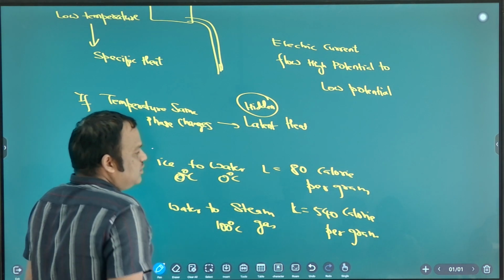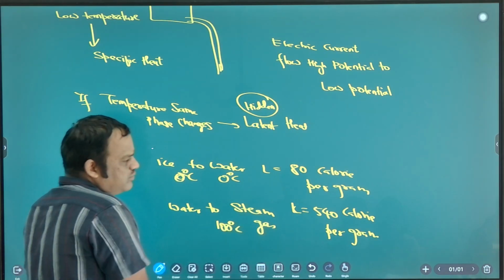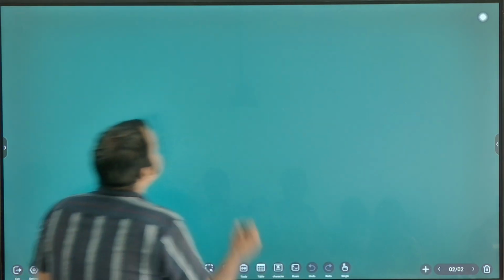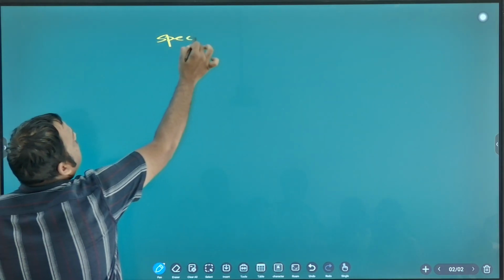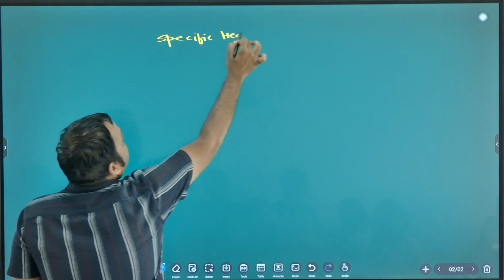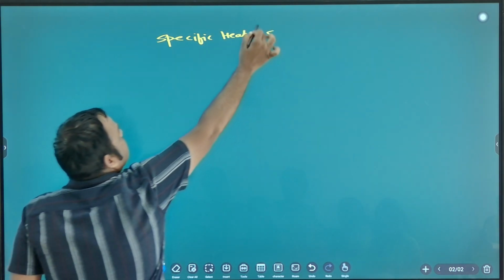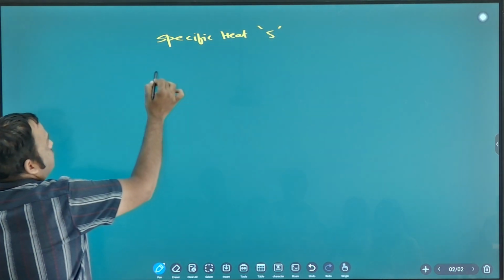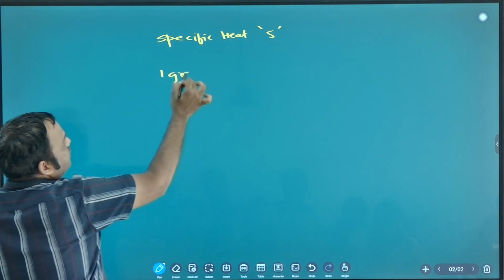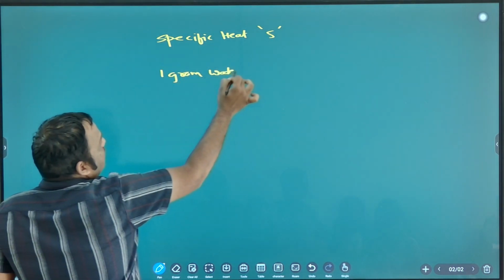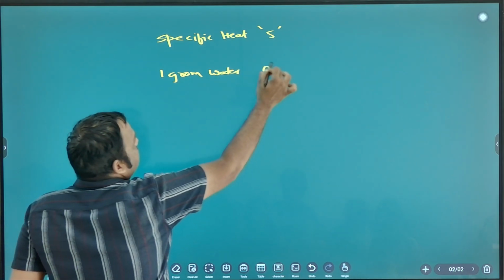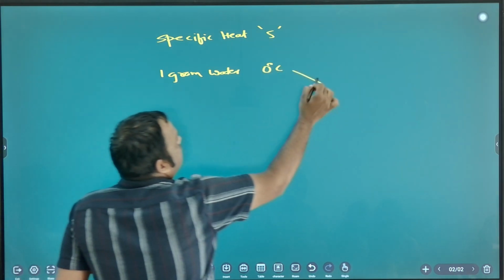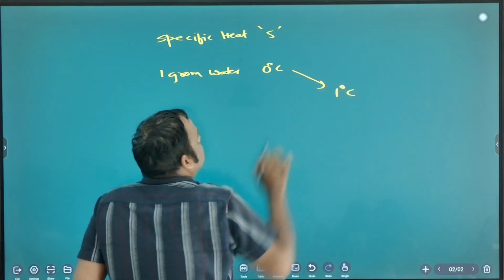Okay, fine. Similarly, we have specific heat. What is the symbol for it? S. Suppose 1 gram of water at 0 degrees Celsius is converted to 1 degree Celsius.